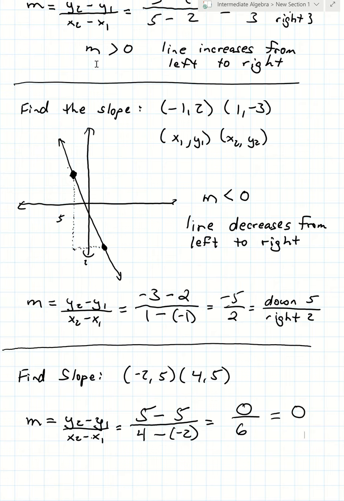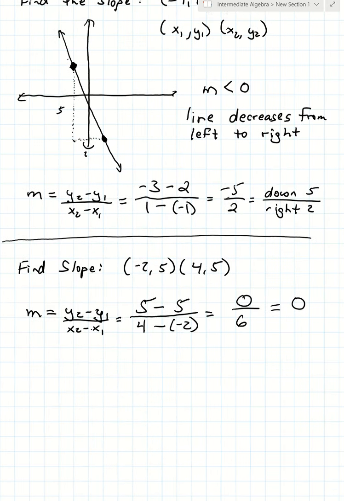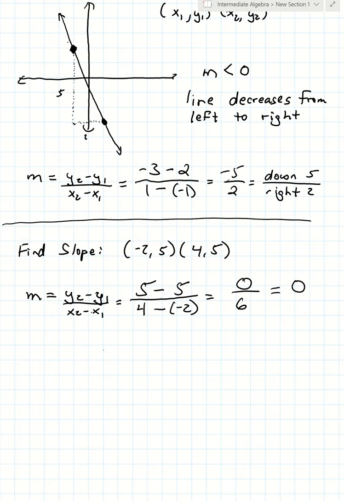So now we don't have a positive slope. We don't have a negative slope. We have this slope of 0. Well, if we were to graph this, would the line be increasing? Would the line be decreasing? Well, let's take a look at the graphs of these 2 points and see what we can say about the line. Well, (-2, 5) would be here. (4, 5) would be here.